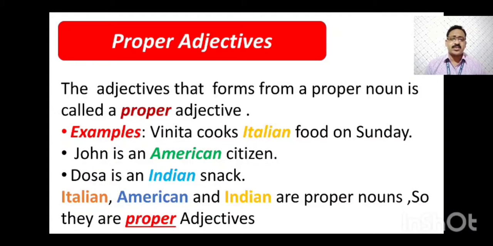So in these three sentences, Italian, American, Indian represent a particular country. They say about a particular country, so they come from proper nouns and come under proper adjective. Any proper noun we use before a noun to describe the noun is said to be a proper adjective.